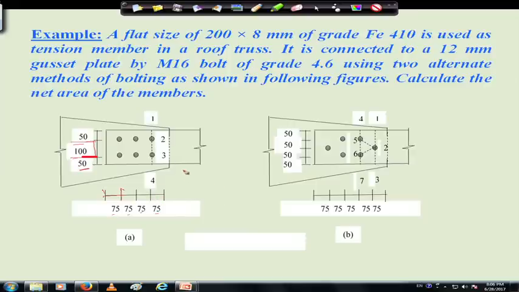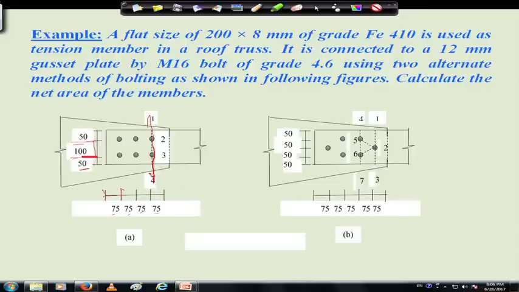And in case of plain bolting or chain bolting, the failure may happen in this direction, means 1, 2, 3, 4. It is a simple way the failure will happen.